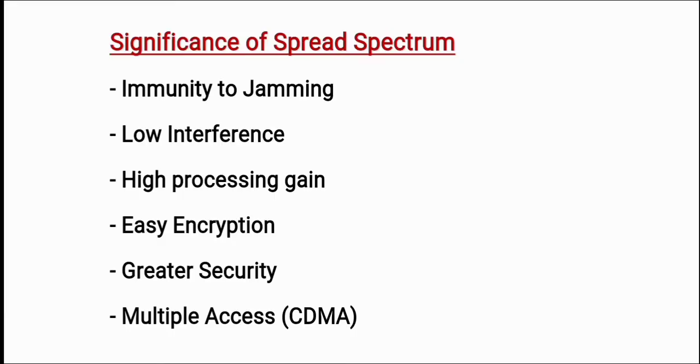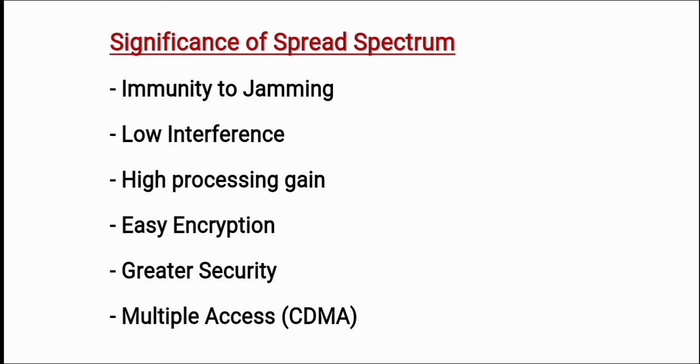See the significance of spread spectrum. Immunity to jamming: consider narrowband and spread spectrum. Narrowband has less bandwidth, whereas spread spectrum has a wider bandwidth, due to which it has a wide range.